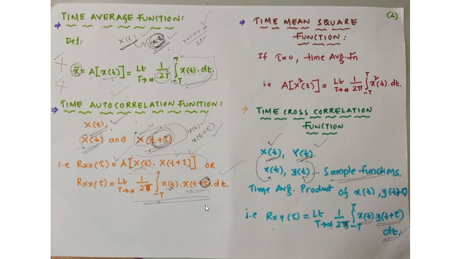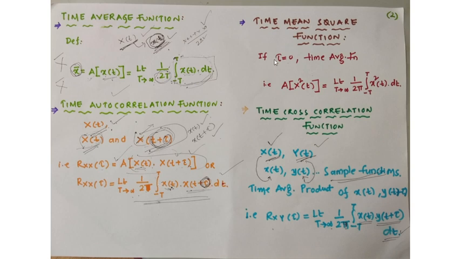In this equation, if we go with tau equals 0, what happens? Rx of tau equals the limit T tends to infinity of 1 by 2T integral from minus infinity to plus infinity of x of t, and it is also x of t because tau equals 0. x of t into x of t will be x square of t.